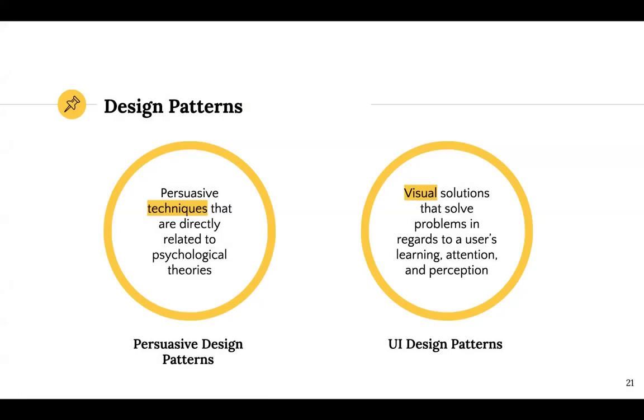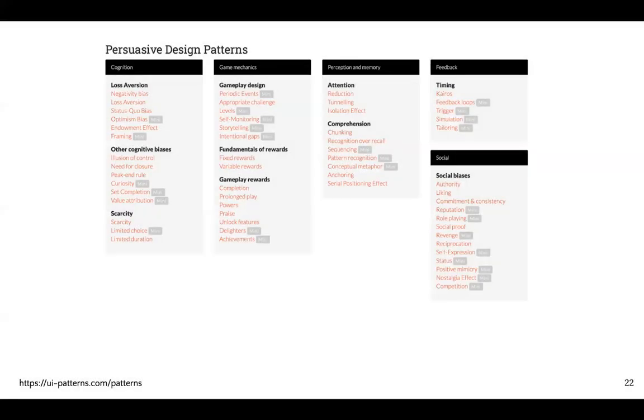And like I said in the beginning, there are 2 different types. There are persuasive techniques that are directly related to psychological theories, and there are visual solutions that solve problems in regards to a user's learning, attention, and perception. So the first one, persuasive design patterns. I think Kakoa touched on some of these in his PowerPoint.